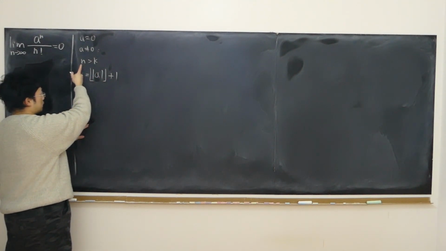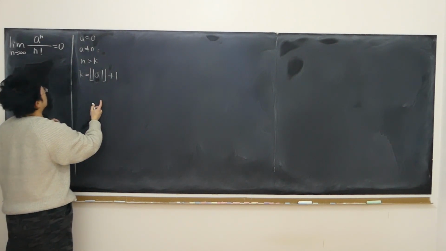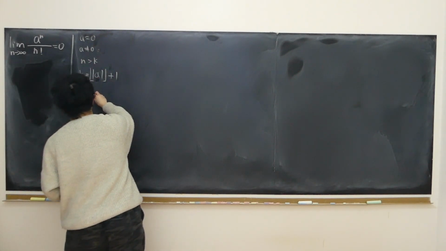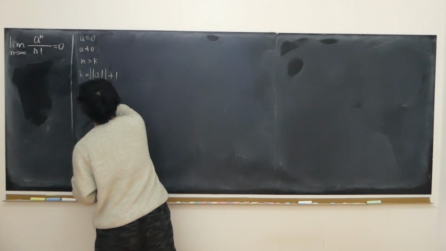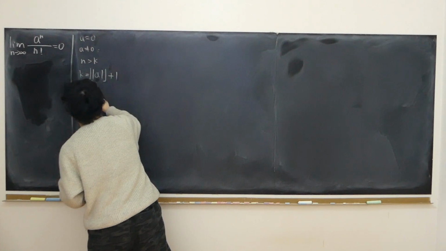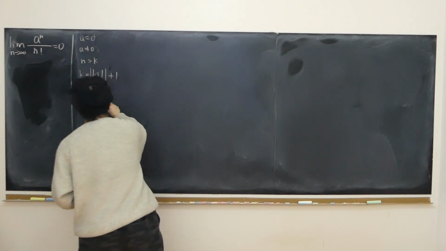Then I'm going to let n be larger than k, because in the end, n will tend towards infinity. So in this case, I can rewrite my original expression, a to the power of n over n factorial.